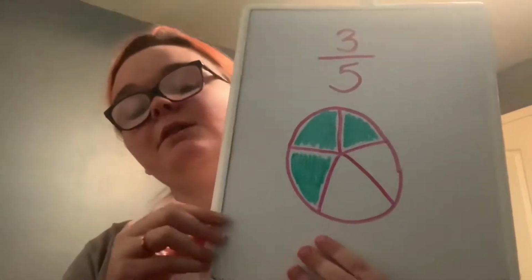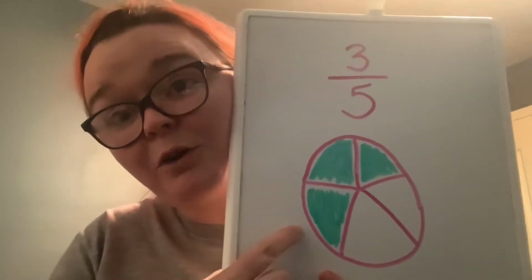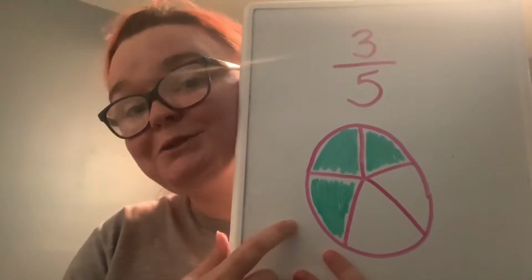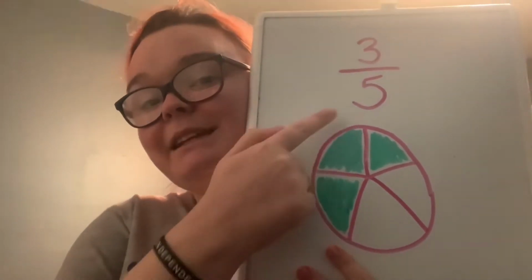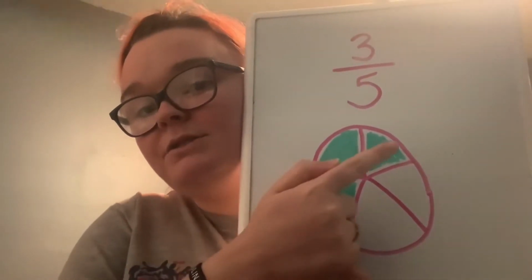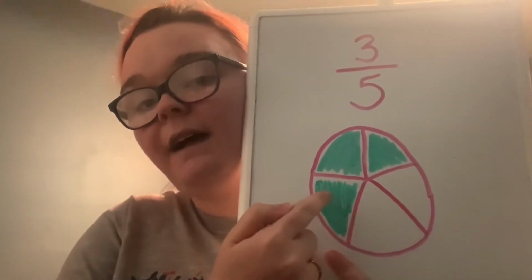I'm going to give you all a couple more seconds. If you don't get it right off the first try, it is no big deal. It's a difficult concept to grasp. Here we have my circle, which is more like an oval, but it works for this. It is split into 5 sections: 1, 2, 3, 4, 5.